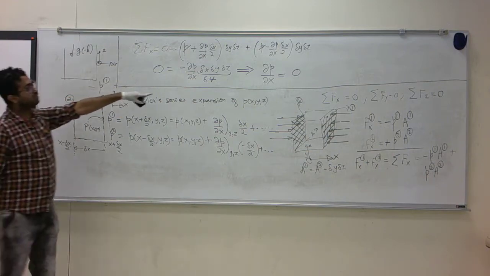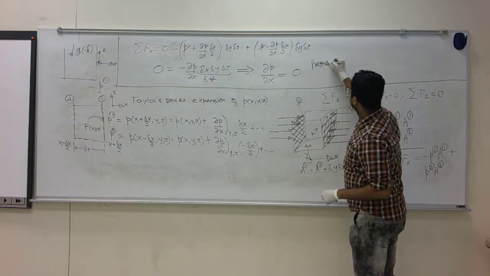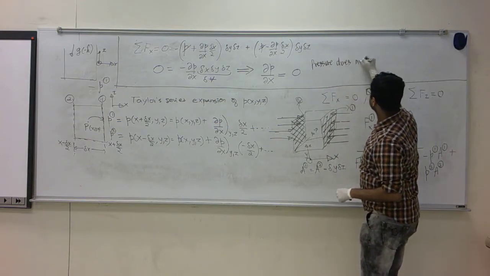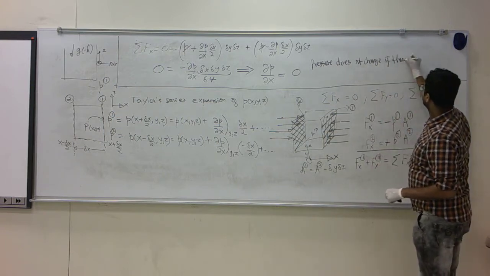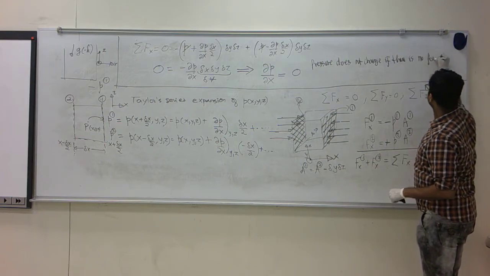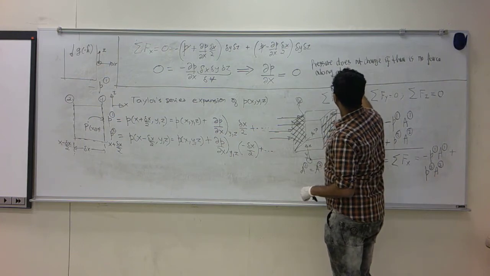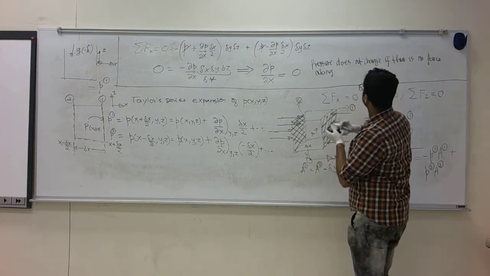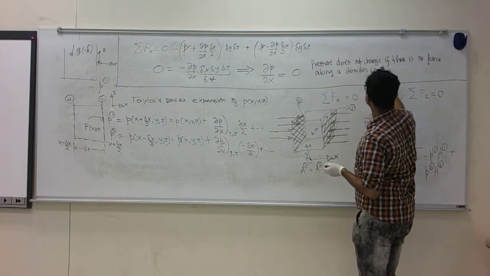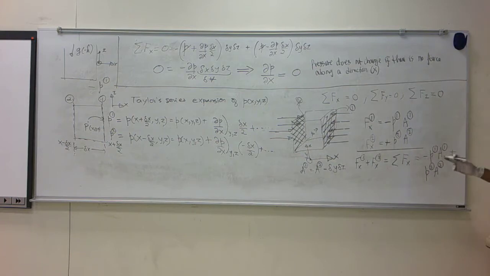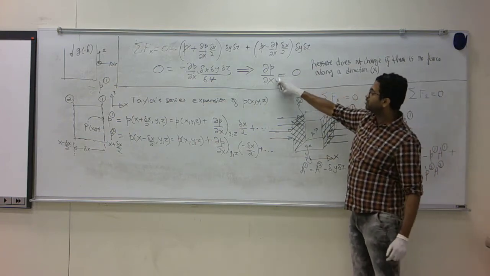So what this means is pressure does not change if there is no force along a direction. In this case, that direction happens to be the x direction. So if the derivative is 0, that's another way of saying P doesn't change along x.